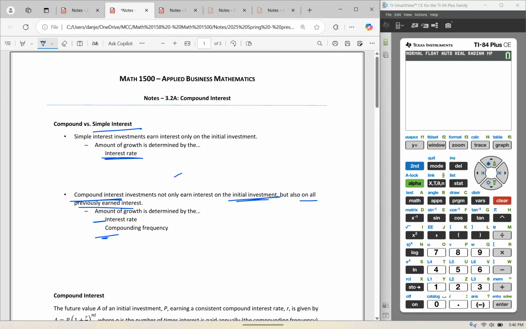Simple interest, my growth rate is linear. In compound interest, our investment grows exponentially. It grows at a faster and faster rate. We earn more dollars each year, even though we're getting the same percentage rate. Because simple interest is additive, compound interest is multiplicative.